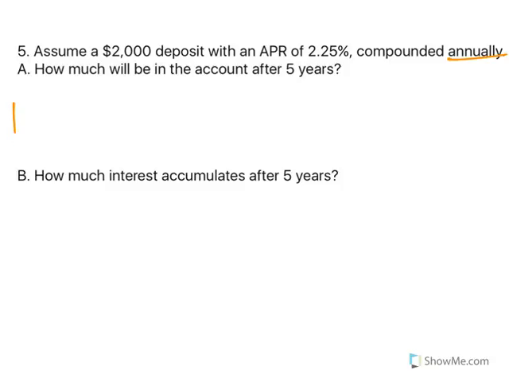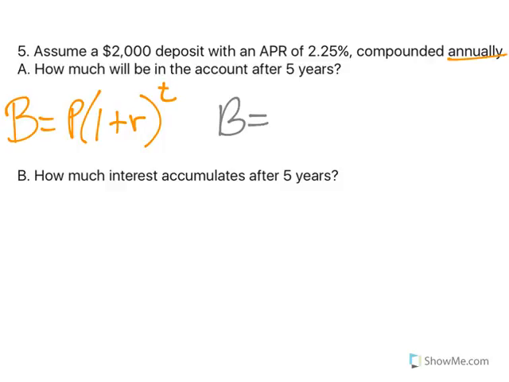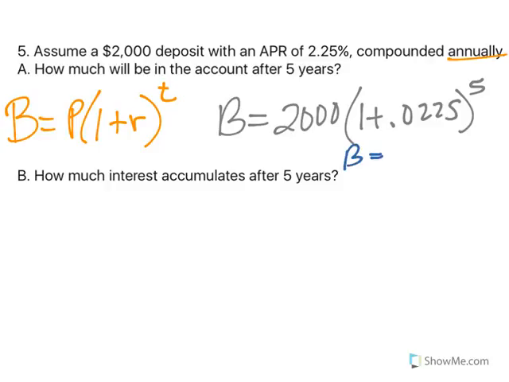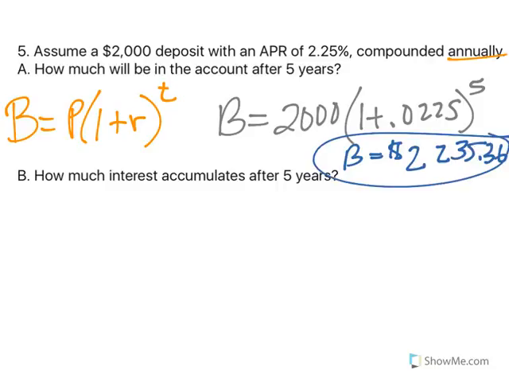Because we know the formula, balance is the principal, 1 plus the rate, raised to the time. So my balance is going to be 2,000 times 1 plus my rate, 0.0225, raised to the 5 years. When I type that into my calculator very, very carefully, I get an ending balance of $2,235.36.